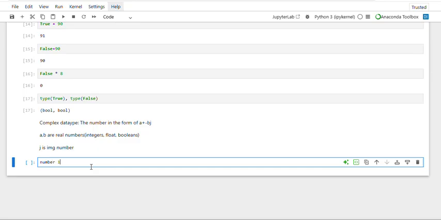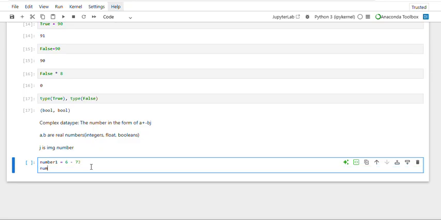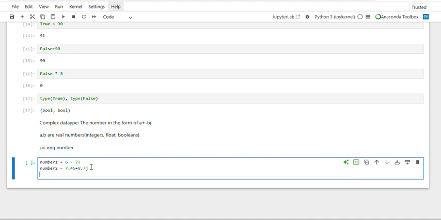Now number1 is equal to 6 minus 7j. Number2 is equal to 7.45 plus 8.7j, with a small j.